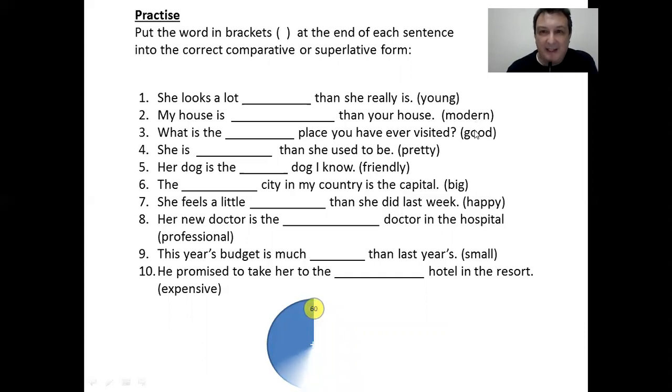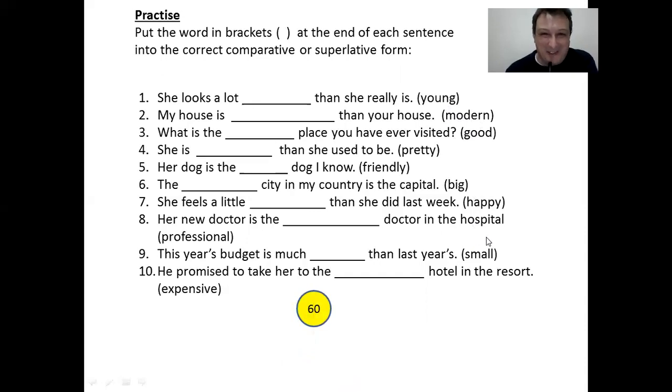Think about the size of the adjective. How many syllables? If it's one or two with a Y, if it's irregular, if it's 3 or 4, that's the key. Okay, 3 more seconds. 3, 2, 1. Okay, if you haven't finished, pause the video.